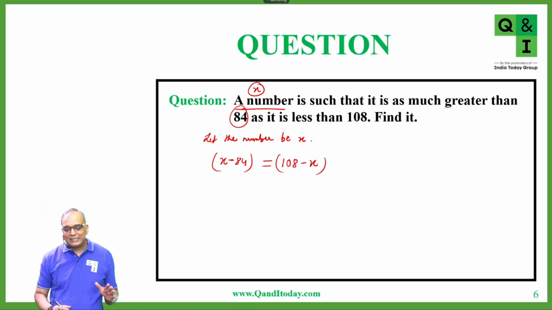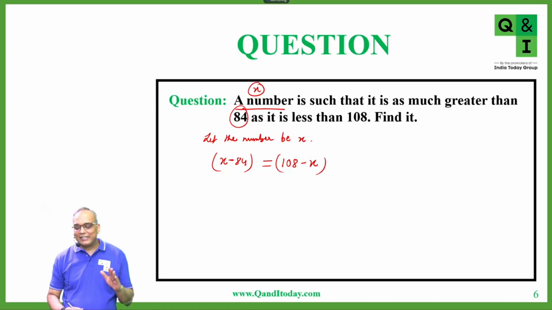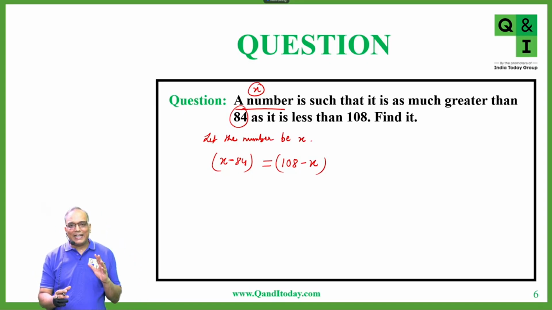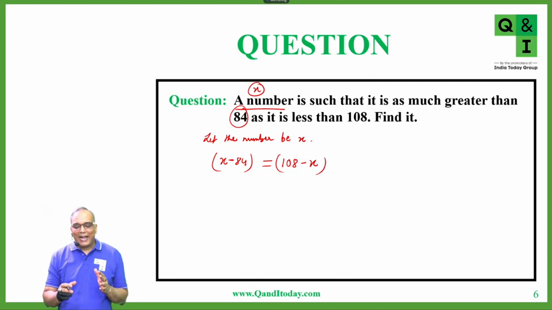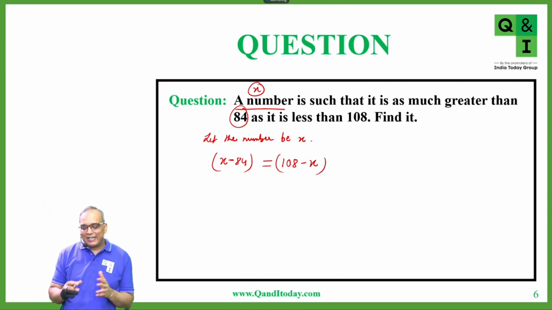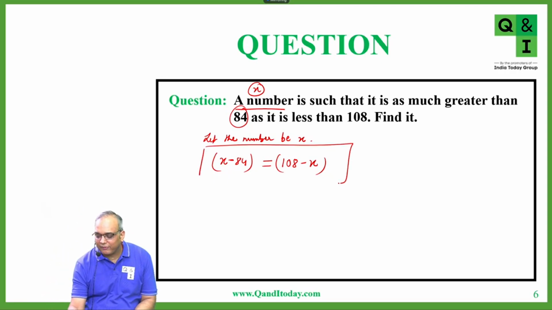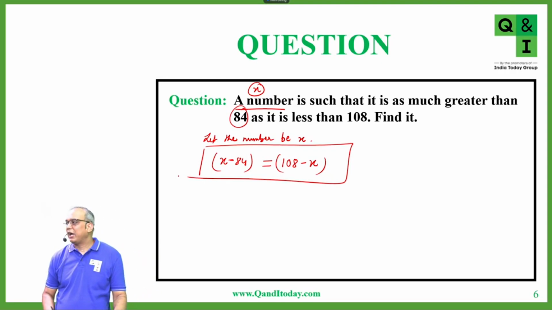The statement says a number is such that it is as much greater than 84, so the difference of x and 84 is as much as it is less than 108, which means the difference between 108 and x will have to be the same, right? Is this equation clear to everyone? How we broke it down?